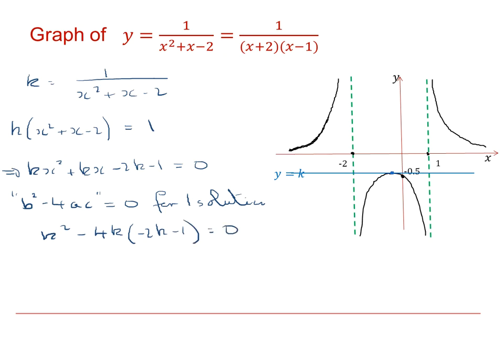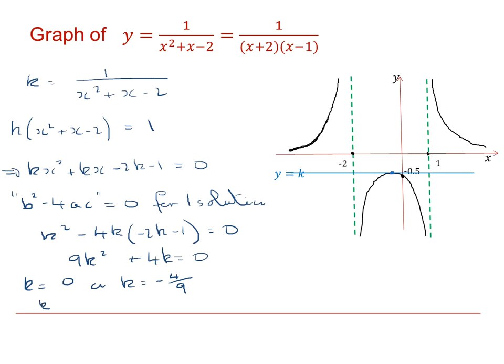So that's our condition for there being one solution. If you simplify that, we find that 9k squared plus 4k is equal to 0. And so therefore k is equal to 0, or k is equal to negative 4 over 9. But we know that k is less than 0.